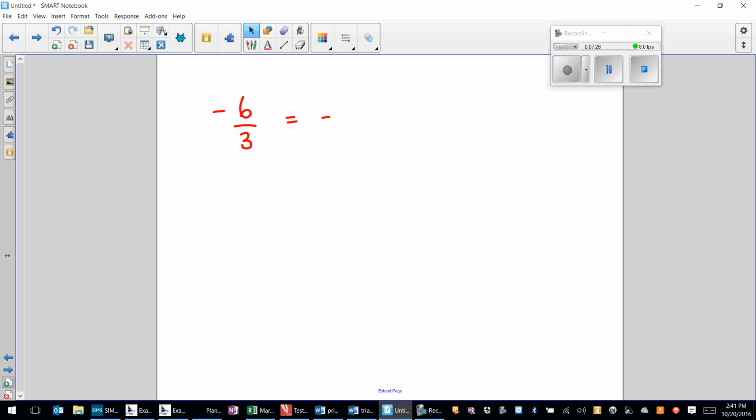Now, what if I do 6 divided by negative 3? Negative 2 again. What if I do 6 divided by 3, but make the whole thing negative?